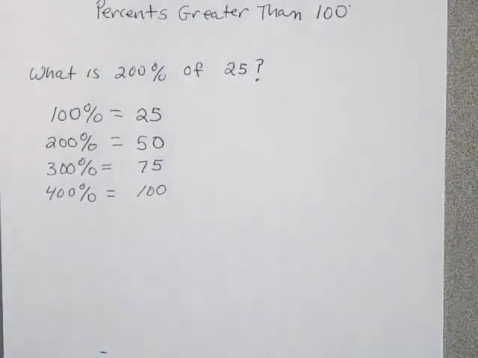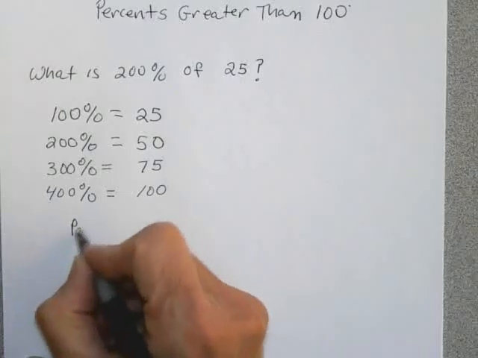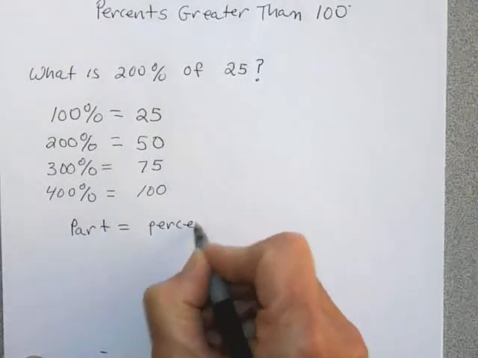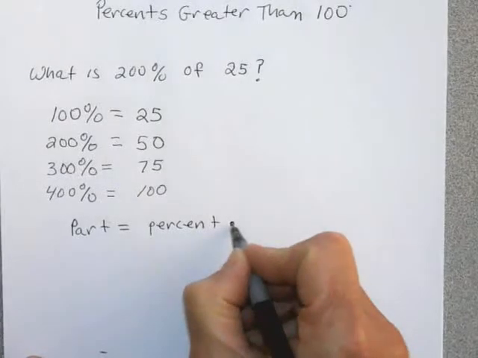Another way to think of this is back to what we had done earlier in the year using the percent equation, where the part equals the percent multiplied by the whole.